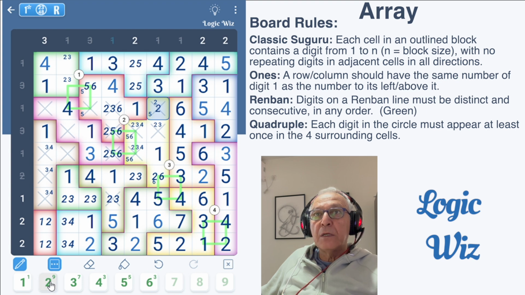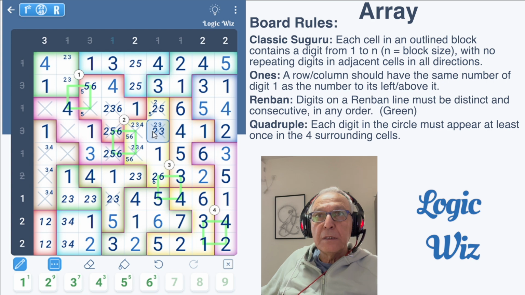We can have a 2, no 3, no 4. Obviously a 5, it's only 2 and a 5. What about this one? No 1, it can be a 2. It can be a 3. It cannot be a 4, it cannot be a 5. And it cannot be a 6.